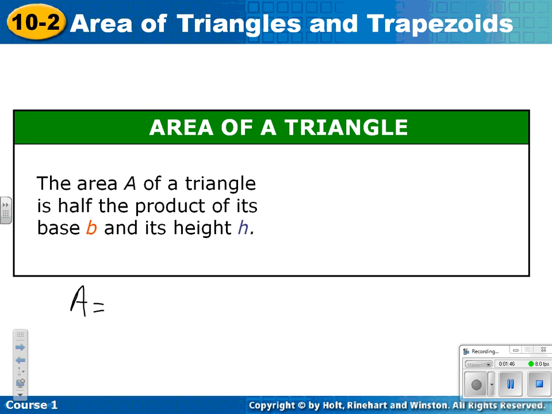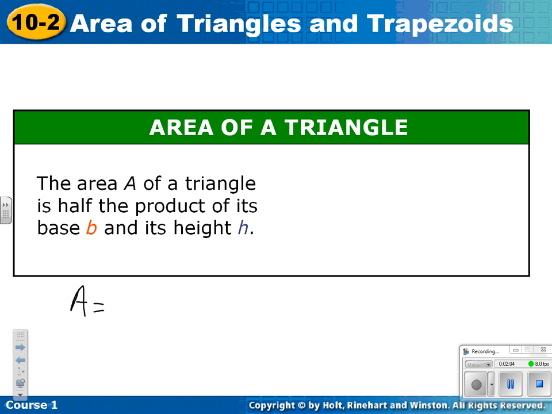What is product? Multiplication. Product is the answer to a multiplication problem. So we know we're going to multiply.